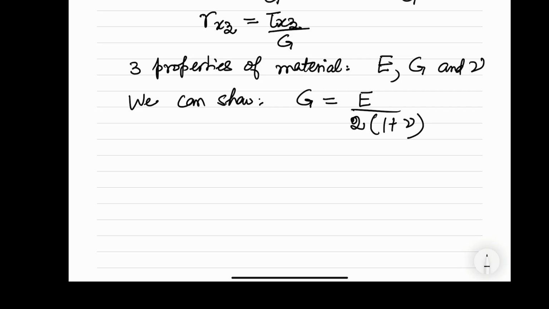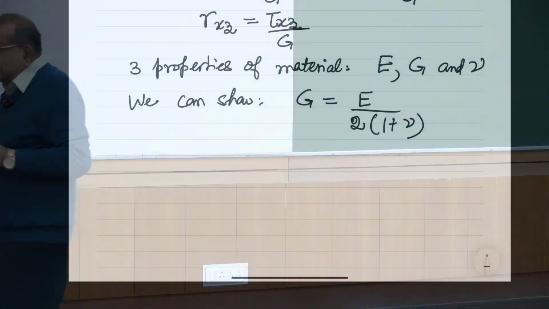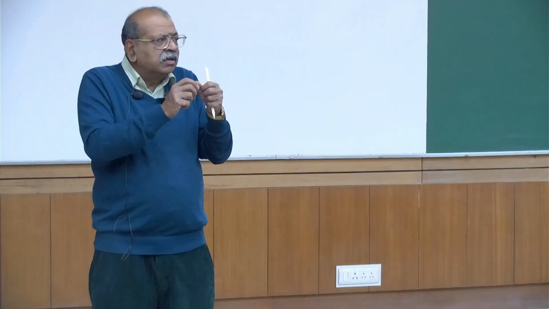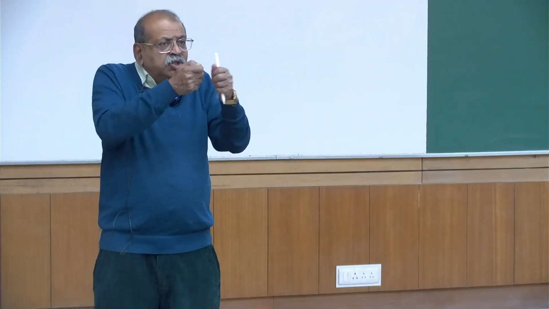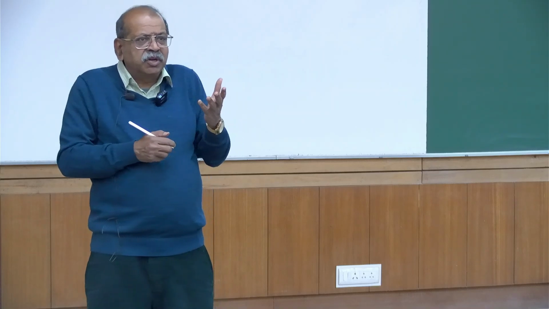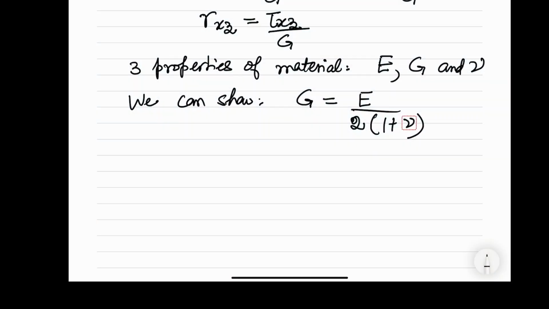The three are not independent, they are related, and this we can expect because once you are applying a shear, there's a change of angle, and this change of angle has to be related to the change of length in the other two directions. So the Poisson's ratio and the two moduli of elasticity are related.